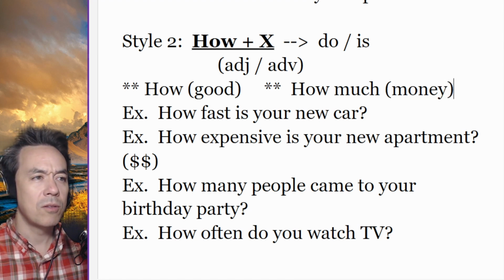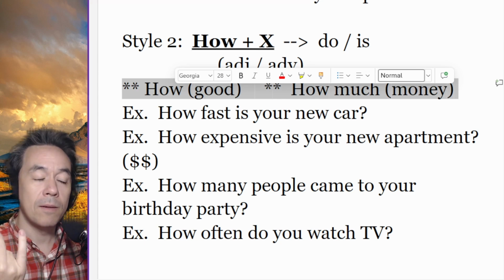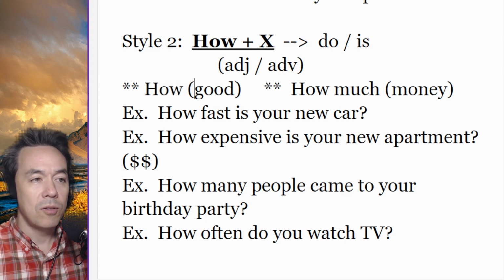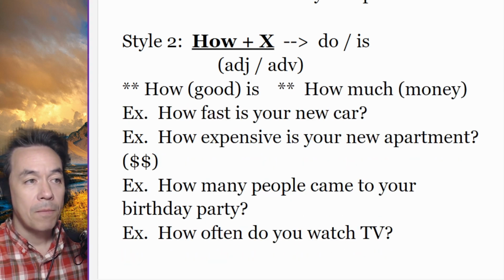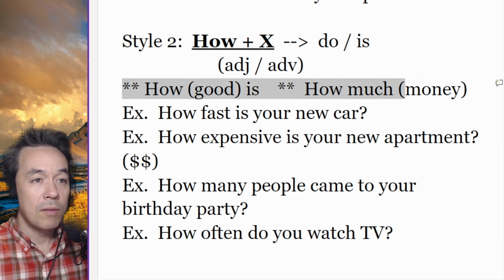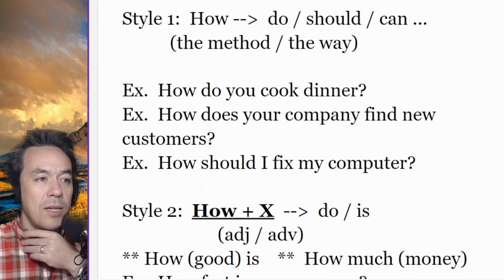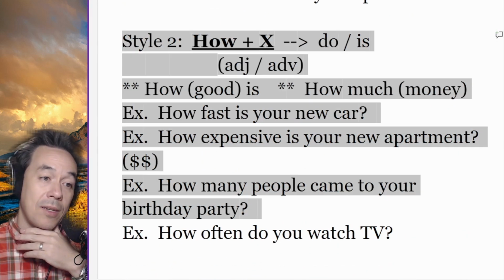Okay, so these are also the money level or good level. Even though this one is just how, and then straight to the are, or how is. But both of them are about the level. So hopefully the first style is not too bad, but the second style is pretty crazy. And they're both how.